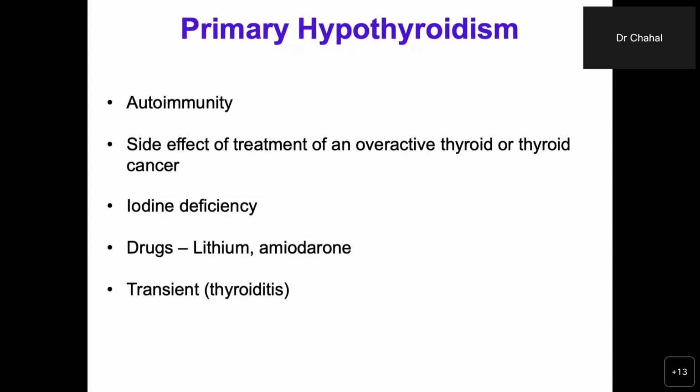So some patients, if they have an overactive thyroid, are treated with a treatment called radioiodine therapy or even thyroid surgery, and that can lead to hypothyroidism. So patients do need to be on thyroxine after that. If your patient has been brought up in a part of the world that has iodine deficiency, then that can also cause thyroid imbalance.